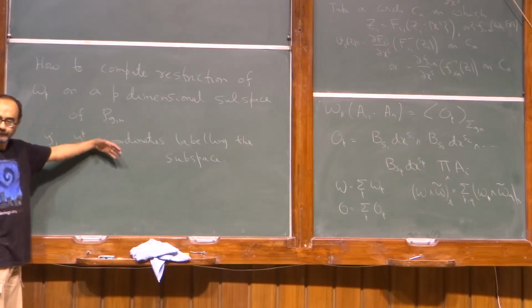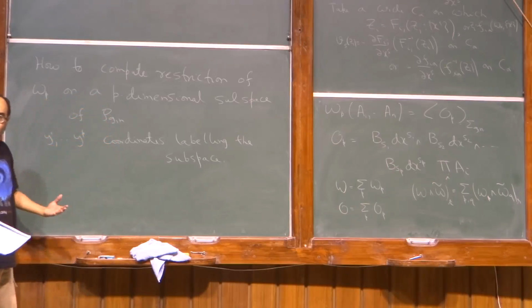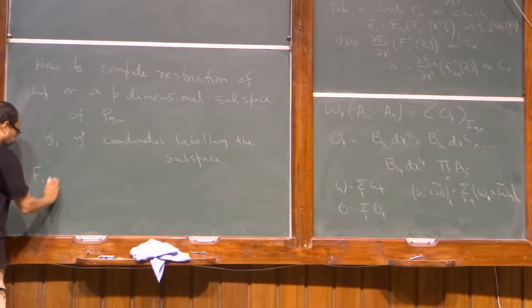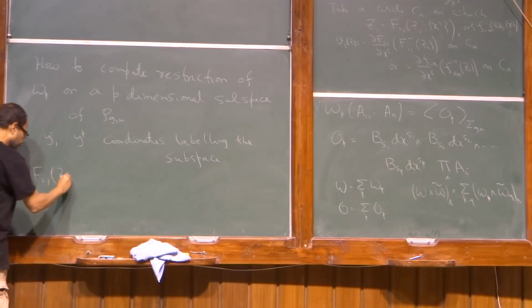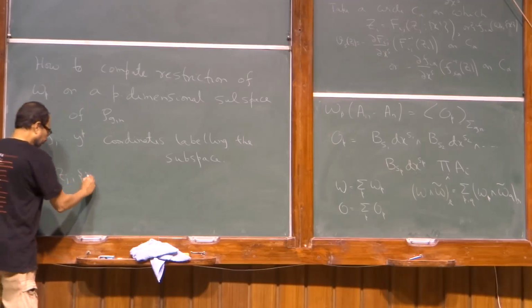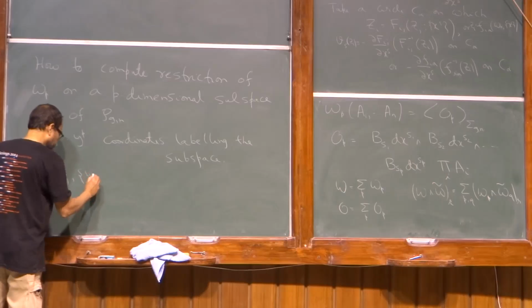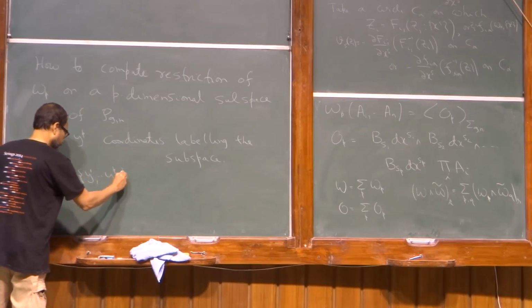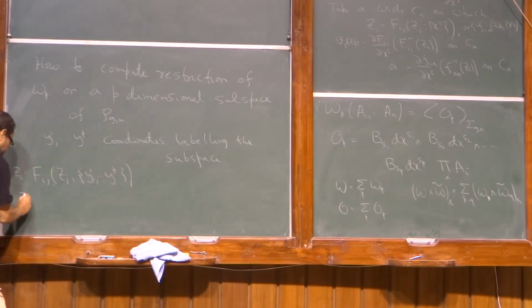So giving a subspace of PGN is equivalent to saying that we have the Fij's as a function of y's, and similarly the relationship between the z and w.